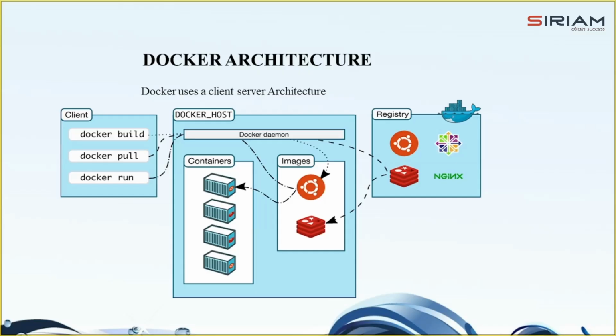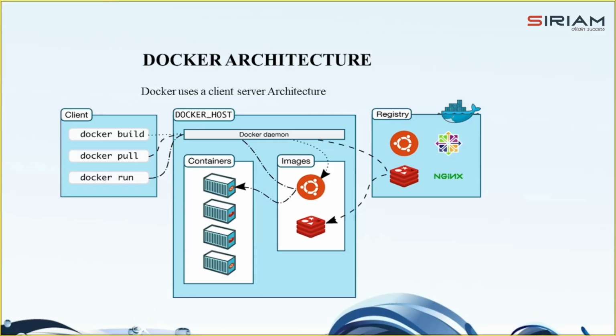You can even run your own private registry as well. When you use the docker pull or docker run command, Docker pulls the required images from your configured registry. When you use the docker push command, Docker pushes your image to your configured registry.